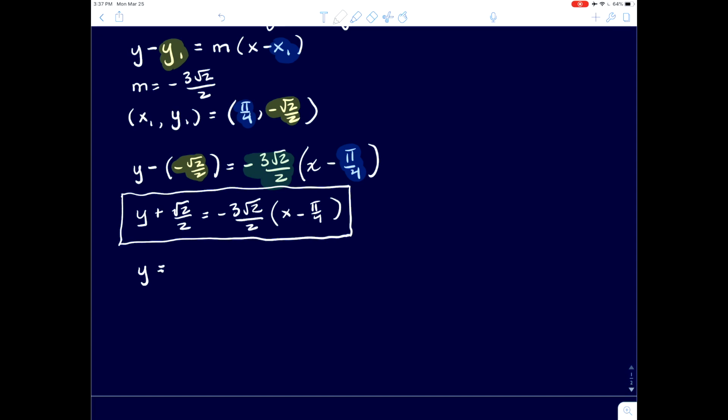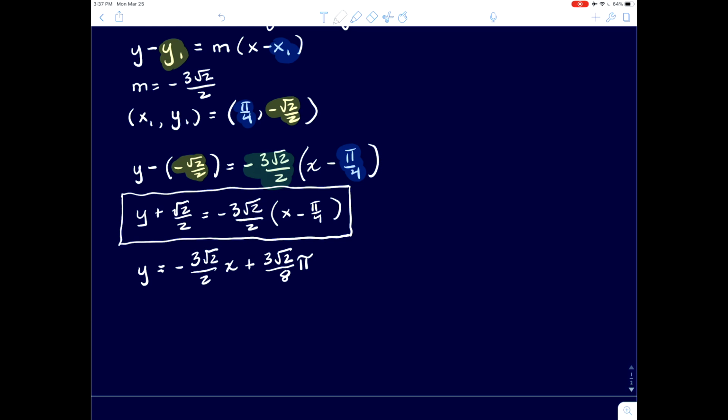But if you want to isolate the y, what's going to happen is you'll get y equals negative 3x, well, it's probably written more like this, negative 3 root 2 over 2 times x plus, because the minus is plus, and then we would have 3 root 2 over 8, I'm going to put the pi like that.